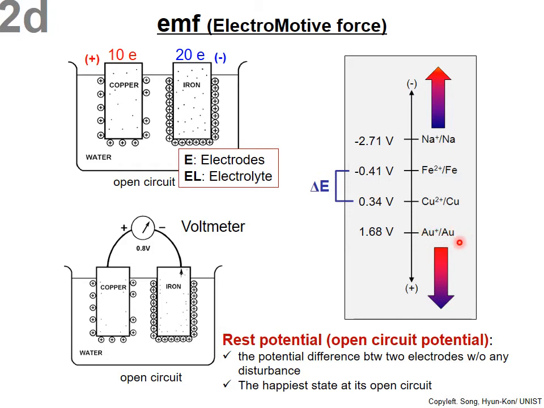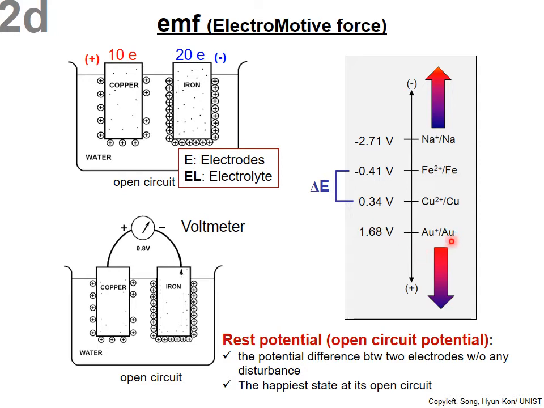Okay, this species would be well reduced because it has the very positive reduction potential. It means there are no extra electrons, or a very small amount of extra electrons, in this body. That is to say, the gold would not donate its own electron to the other species. Anyway, plus 1.68 volt.